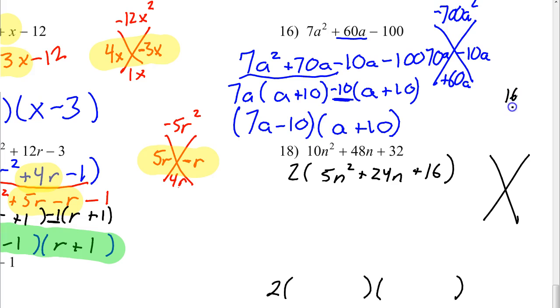16 times 5 is 80. So what multiplies to 80n squared and adds to 24? So you might have to do a little bit of work here to figure out the two numbers. And you might try 8 and 10 at first, but 8 plus 10 is 18. And after a little while, you'll get 20 and 4. That multiplies to 80, adds to 24, and you can start to finish this.